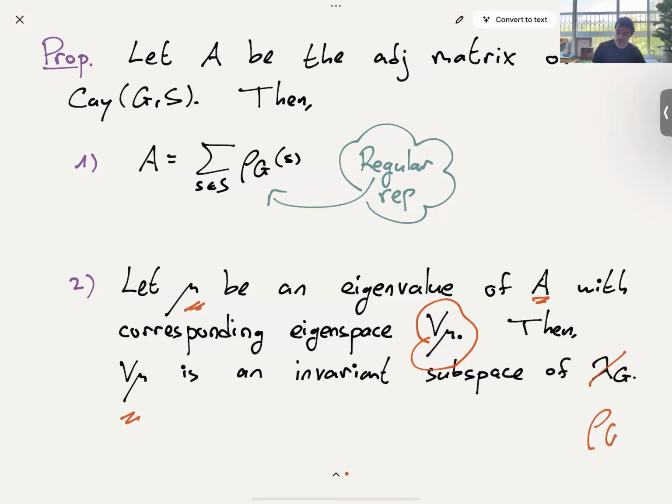So this is rho G or lambda G, depending on what you're doing. Rho G is the left, and lambda G is the right regular representation. So what I'm saying here is that the eigenspaces of the adjacency matrix are invariant subspaces of the regular representations. So let's take it as is.